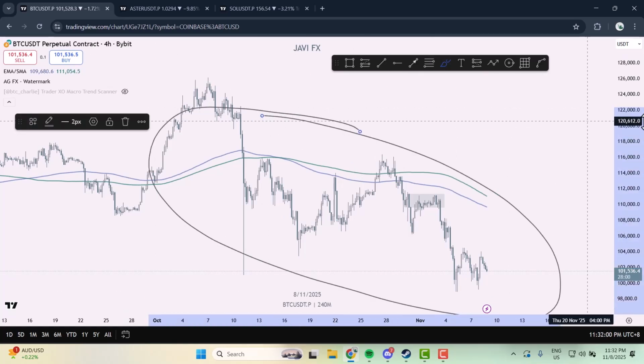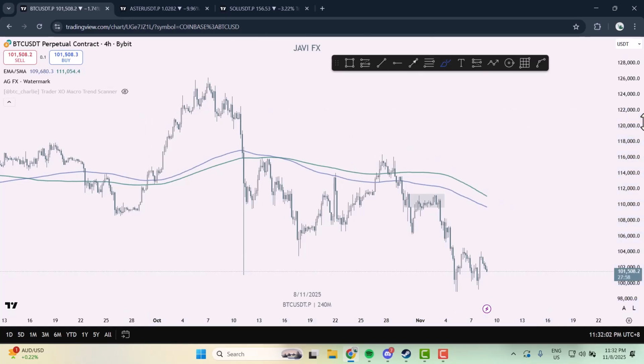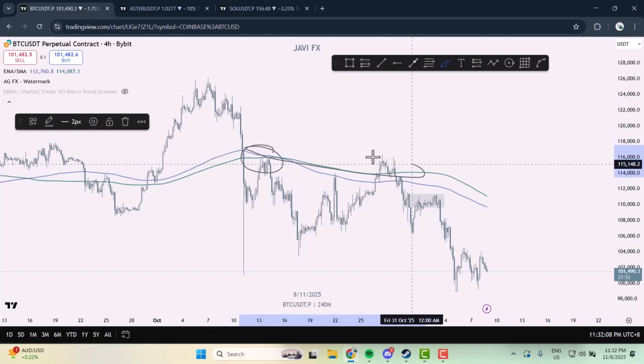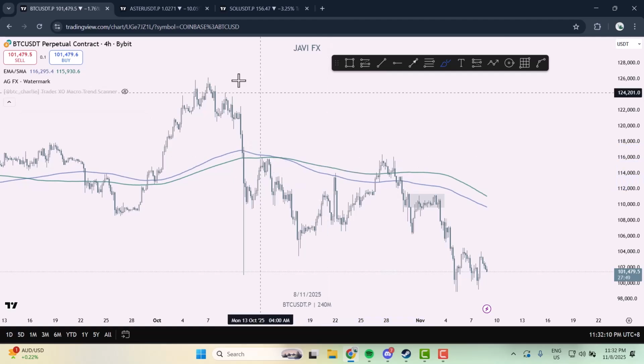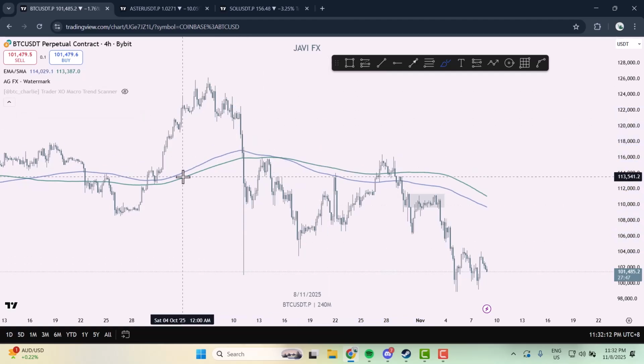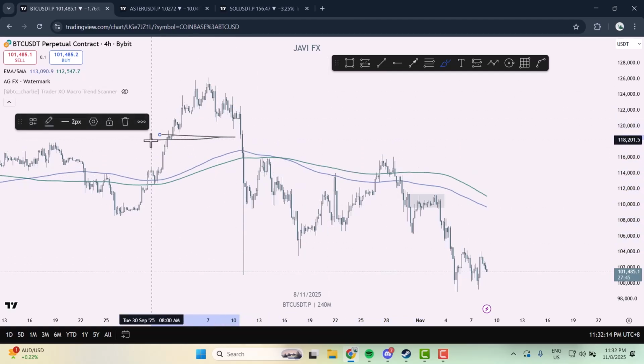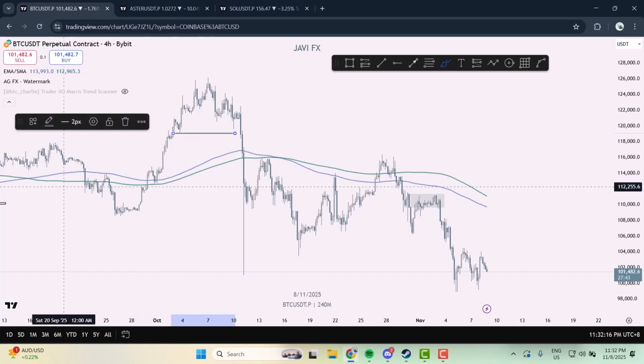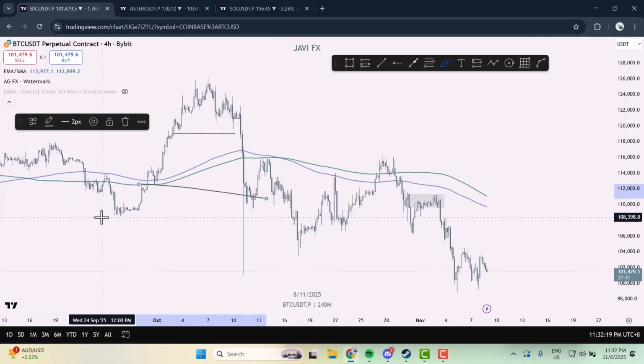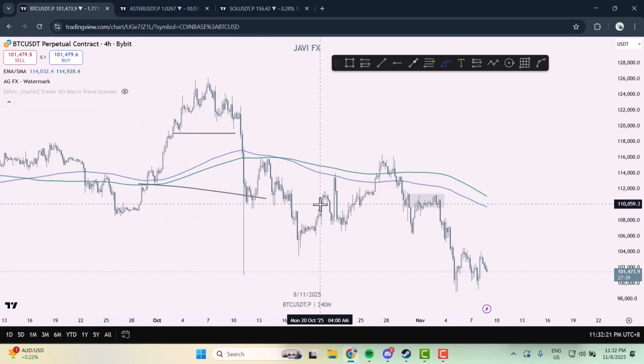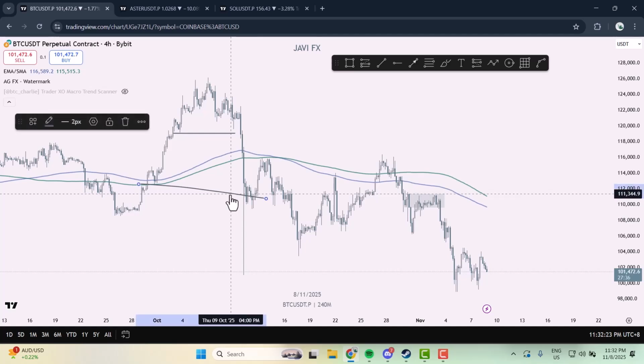Well, it's technically bearish. We're below the moving average. This destroyed all of this liquidity, all of the bullish momentum, broke structure, broke structure, broke structure. We made a new low, right? That's it.